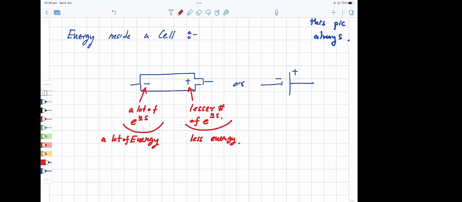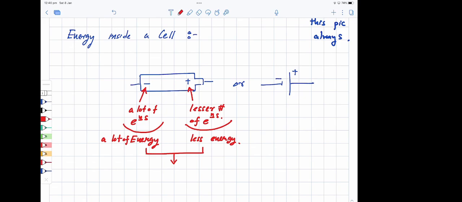So on those terminals, high energy, low energy, right? Now if you think about this as a unit, there is an energy difference inside.